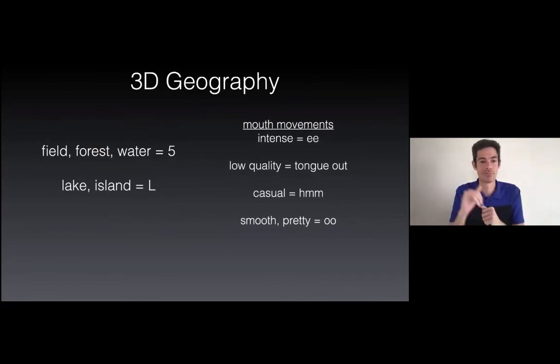3D geography. So again, tree, 5-hand. I think there's really a 5 and an L, 5-hand and an L hand. So space, water. I want to expand a little bit about the sign for river or ocean or lake.